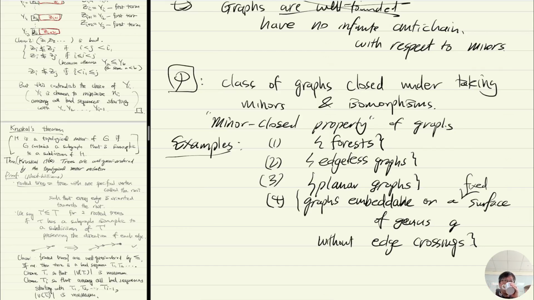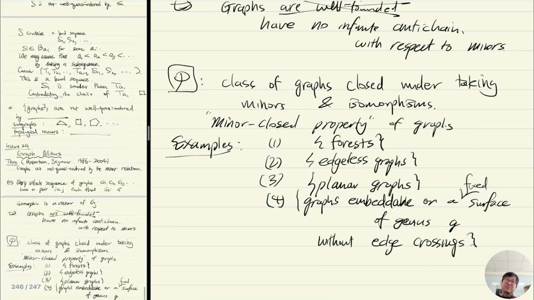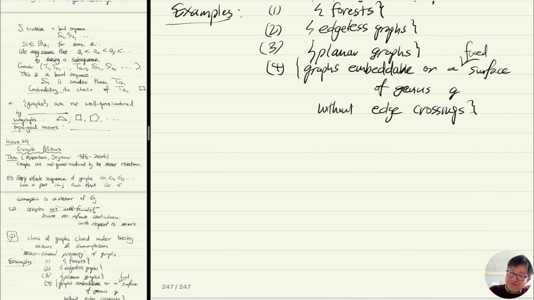And this Robertson-Seymour theorem states that these minors are well-quasi-ordering. So what does that mean? Okay, let's think of the following.